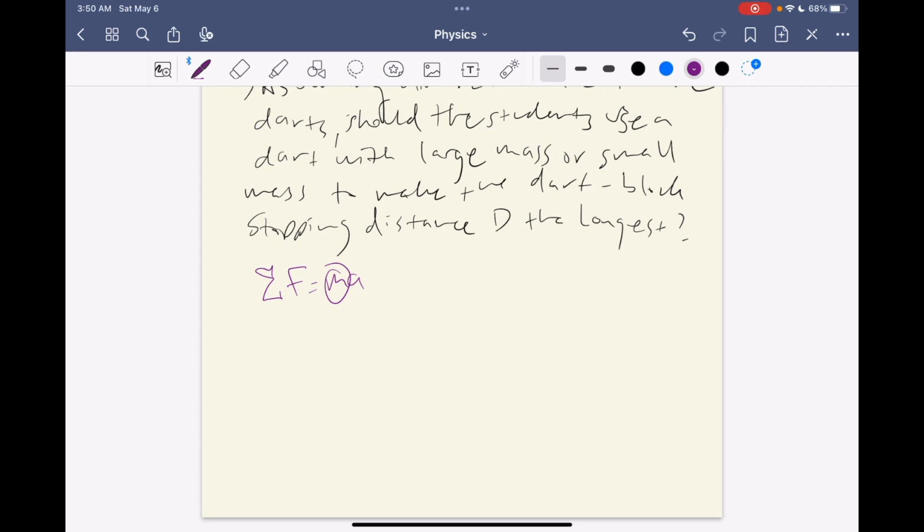And so, using that idea, we can use initial momentum equals final momentum, and we could do m v1 i.